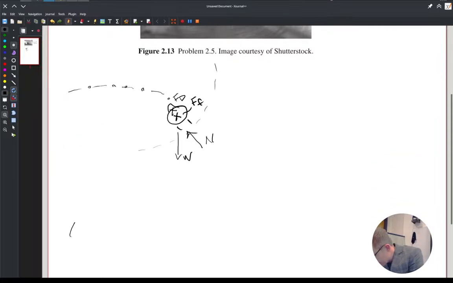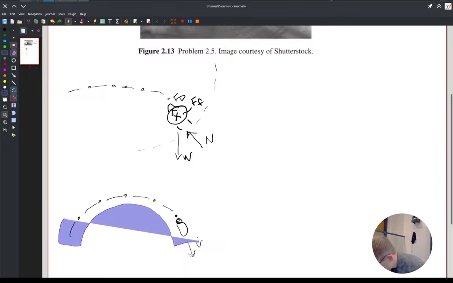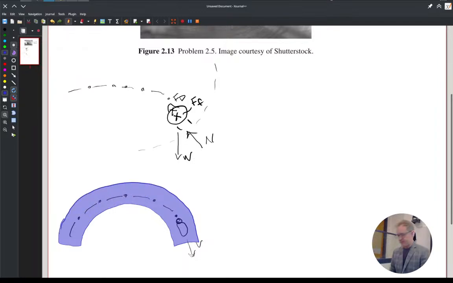So then if I look at the top view of it, it's as if they're going around this curve, and we have a big ice curve that they're coming around.